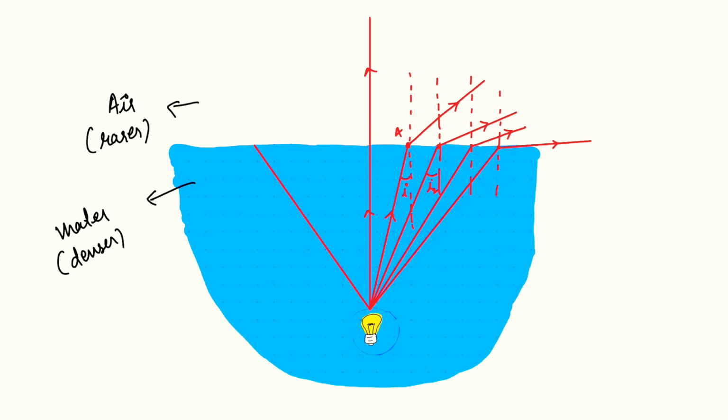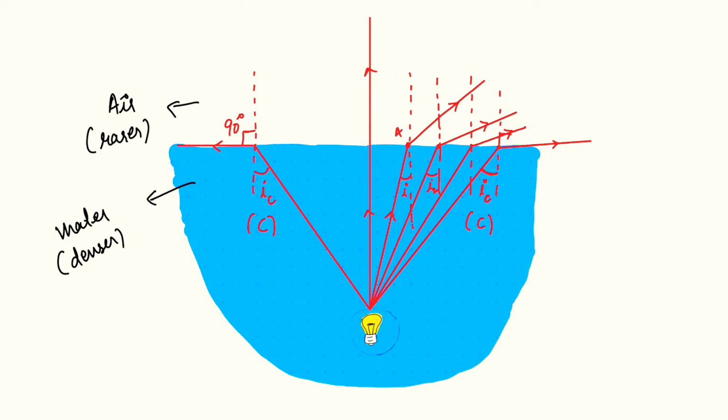So let's say this was the angle for which your refracted ray is at the surface, or at the interface, right? Now this angle of incidence inside your denser medium is what you call your critical angle. You can represent this by C or by IC, right? You have to understand, for your critical angle, your angle of refraction is 90 degrees.